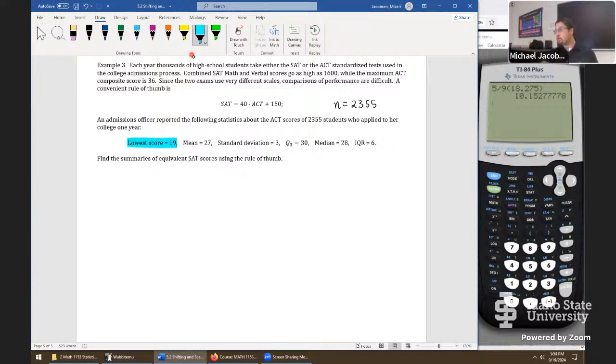That's definitely going to be lowest score, mean, but like we saw before, standard deviation, that's a measure of spread. Anyone spot the other measure of spread on that list? Absolutely. The one on the very end is also a measure of spread. The two in the middle are also measures of position.